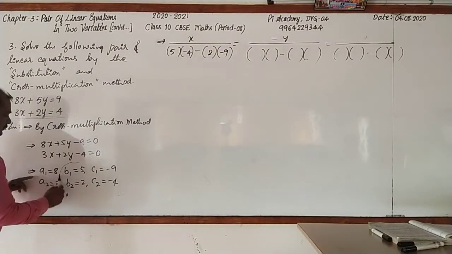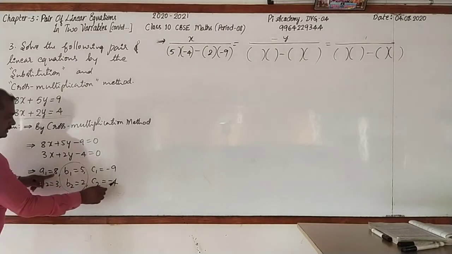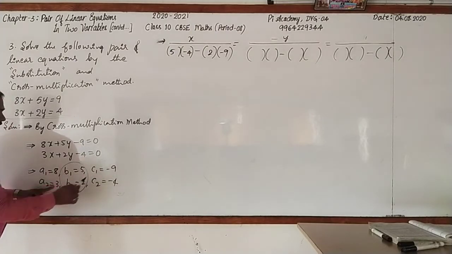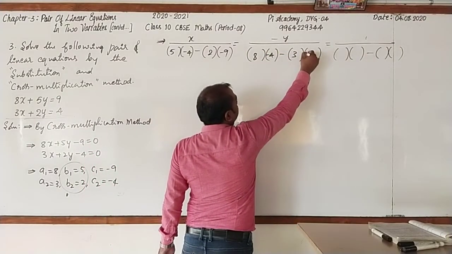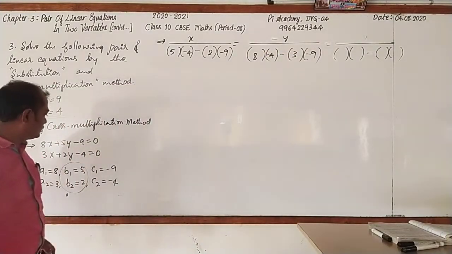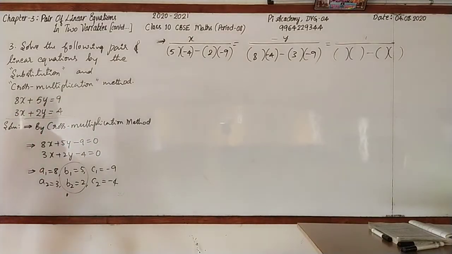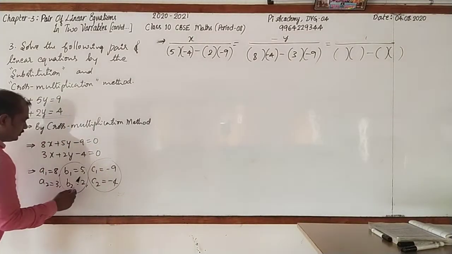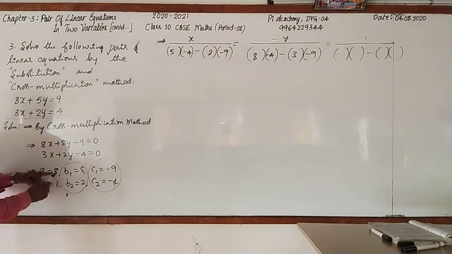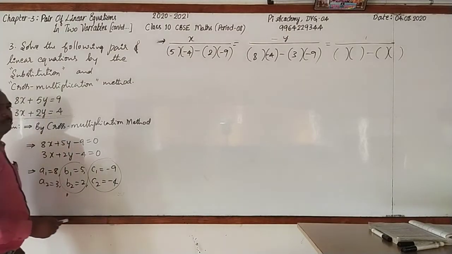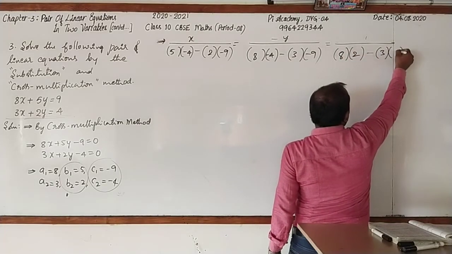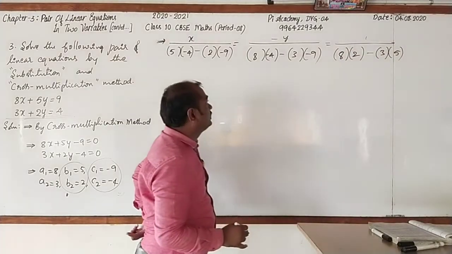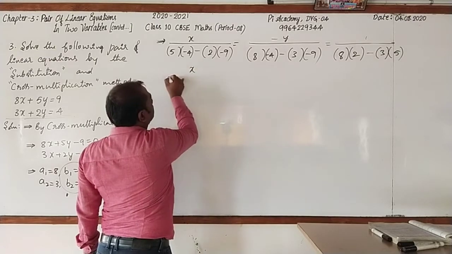Consider the remaining: 8 and minus 4, 3 and minus 9. Next, constant. Leave c1 and c2. Consider only these two: 8, 2, 3 and 5. Then go for simplifying them.